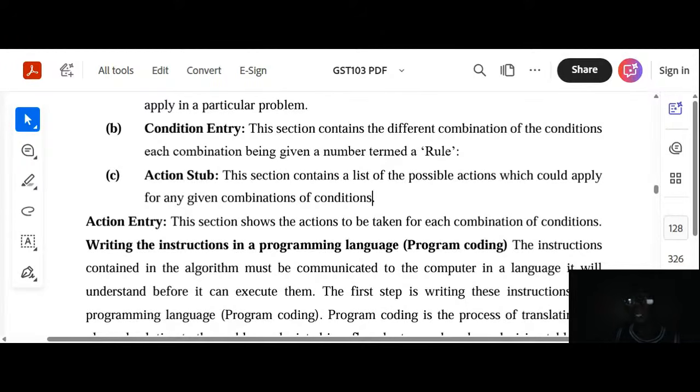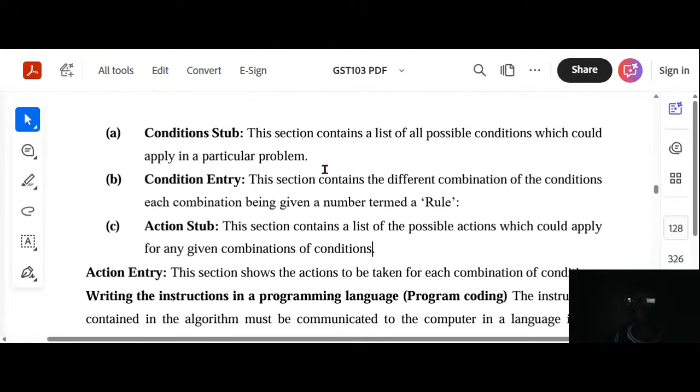So those are conditions. Those like that, you can store them in the condition stub. Then when it comes to applying it to a particular problem, like using it in board maths now, the one that will come first, the one that will come second, that kind of setting is done in the condition entry. So the condition that goes in first or that applies first.